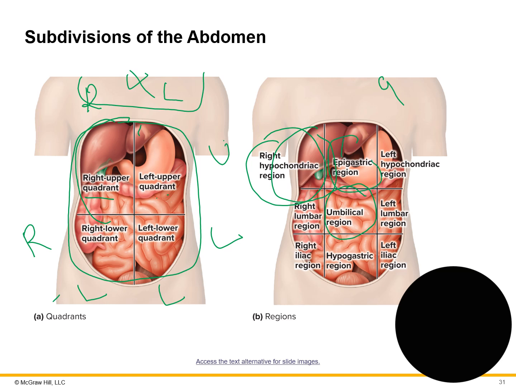Epi means what? Above. Then hypo means what? Below, hypogastric region. Now everything on the right side is exactly like the left side. If you know one of these, you only change right to left. That's it. This one is the right hypochondriac. This one is what? Left hypochondriac region.